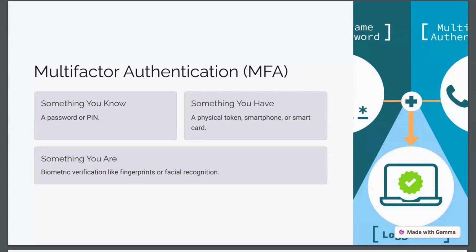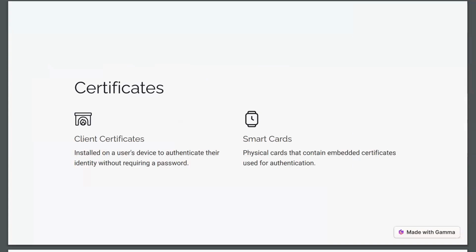And another MFA factor is something you are, as far as biometrics. So you may do fingerprints. We might have facial recognition to get in our phones or something in that sort. Those are types of MFA, multi-factor authentication, password alternatives. We also have certificates. Certificates are just digital documents that verify the identity of the device or of a user.